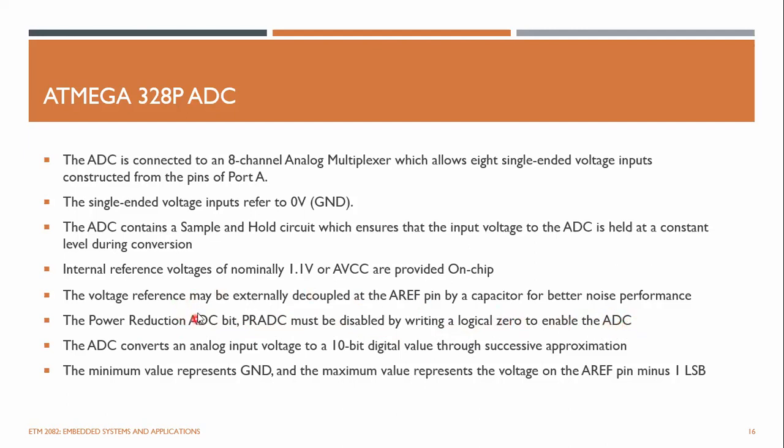Most of the time the ADC is disabled, so you don't need to worry about it. When you're not using it, you can just disable it by writing logic 1 to this bit.